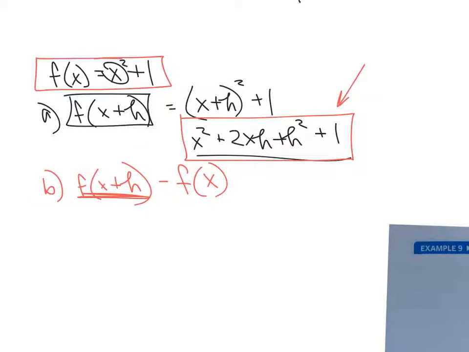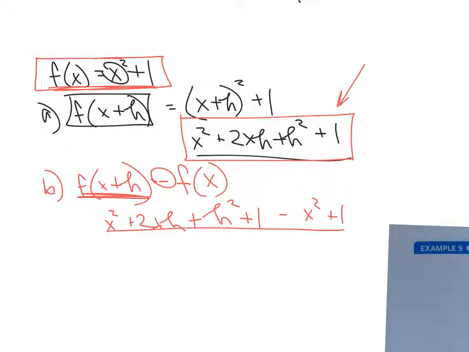So we're going to take x squared plus 2xh plus h squared plus 1, because that's our f of x plus h. And then we're going to subtract x squared plus 1, which is our f of x right there. So we're going to put all this together, combine like terms, get rid of stuff we don't need, and we're going to get that. Okay, we're going to hold on to that as well.